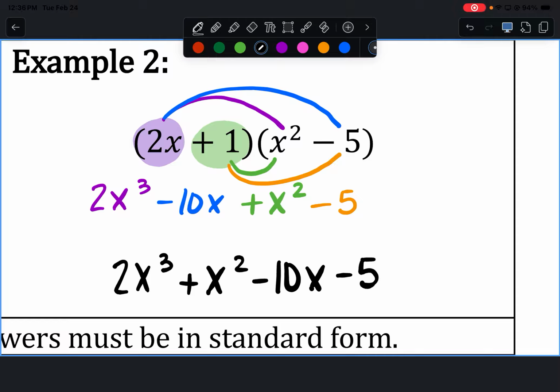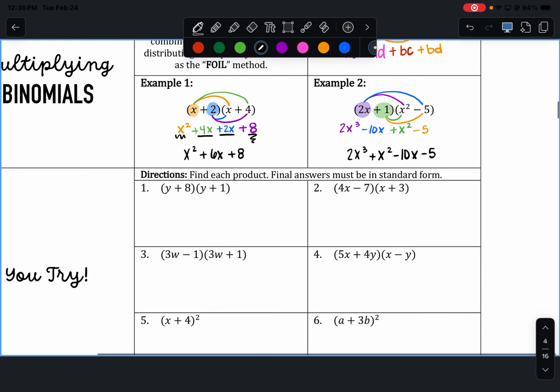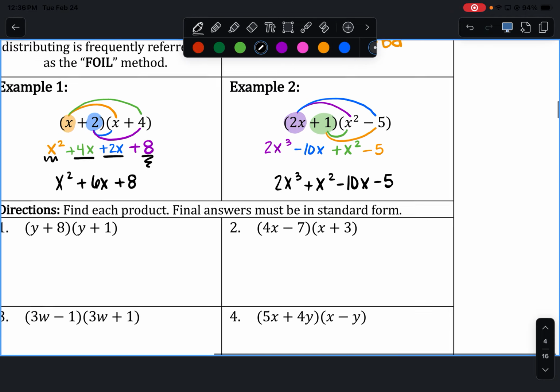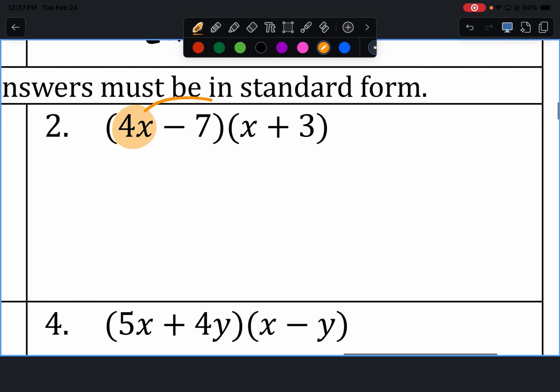All right. We're going to do questions 2, 4, and 6. So for question 2, we're going to start with 4x. What do I distribute 4x to first? 4x times x is?